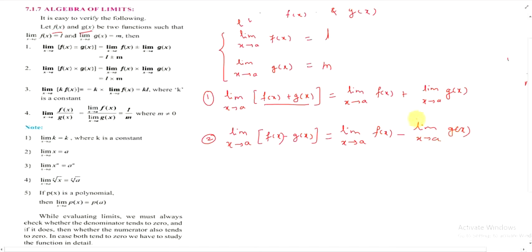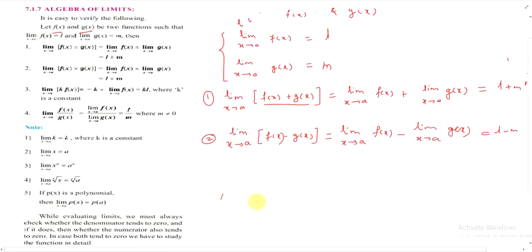Okay, and here the limits are what? You know that one is equal to L plus M, here L minus M. So it is very easy, just like the numbers, that is algebra of numbers.